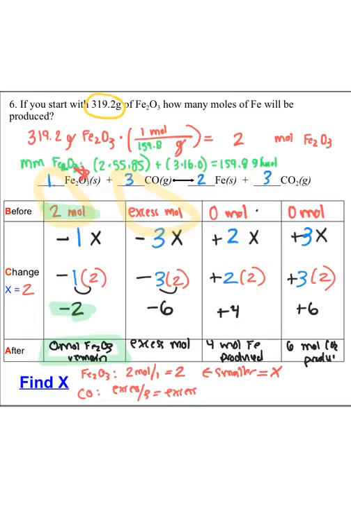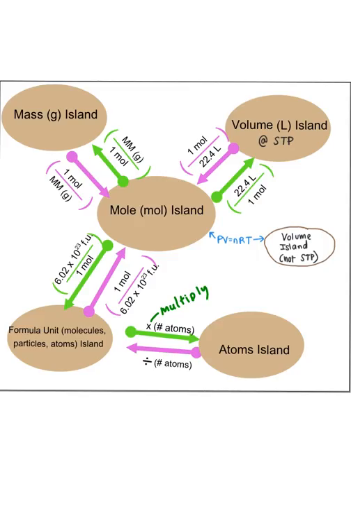This question is asking how many moles of Fe will be produced. There's my answer right here. It is possible that they could have said how many grams of Fe would be produced, and in that case, I would take my answer of moles and hop back on to a little flashback here. Hopefully you brought your mole island home. If not, here's one for you to look at. But right now I have mass of Fe2O3, and in order to plug into my BCA table, I need moles.